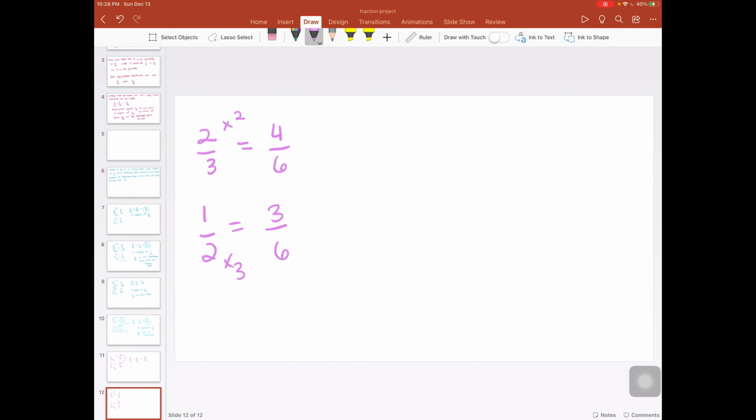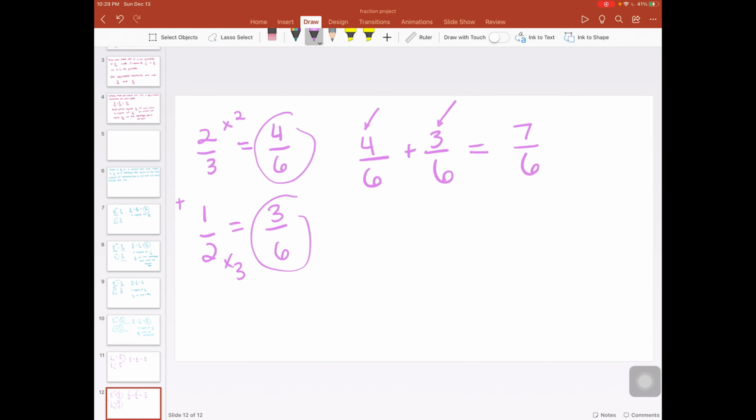But this time we're going to be adding them, and these are our equivalent fractions, which we can talk about in terms of 1/6. Here we have 4 in the quantity in our numerator, and here we have 3 in the quantity in our numerator. So we're going to be adding our quantities, our numerators, and that gives us 7/6. And that's an improper fraction. We could also think about it as a mixed number, which would give us 1 and 1/6.